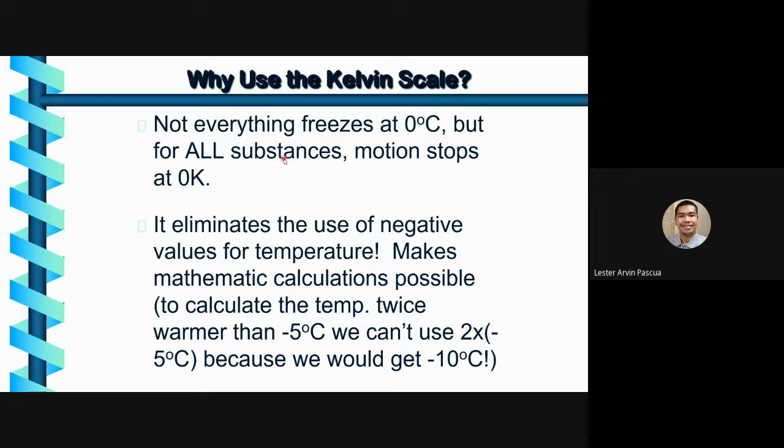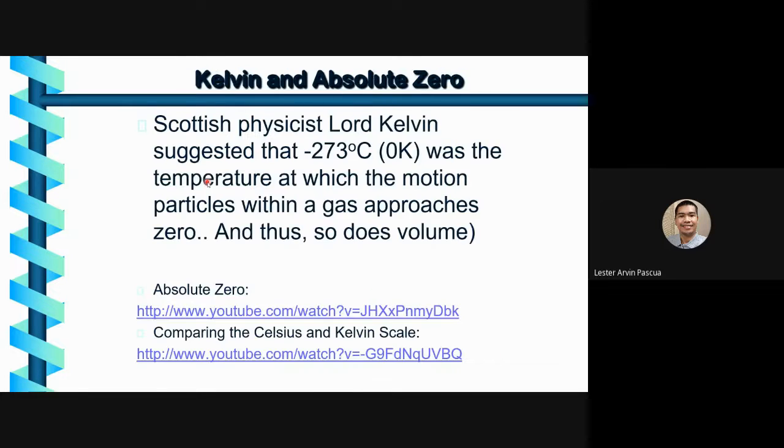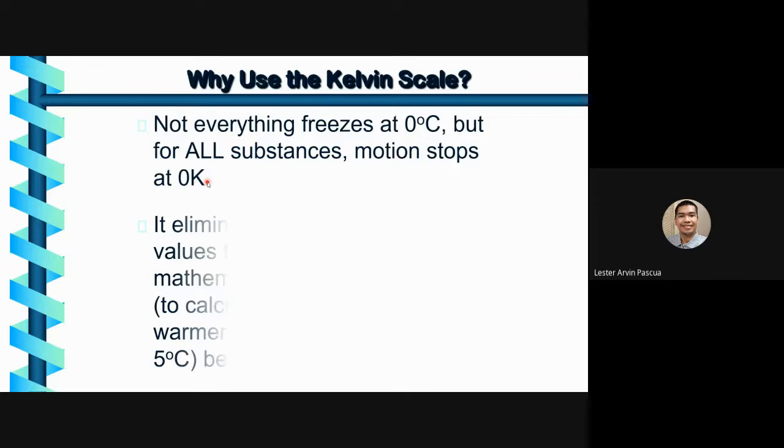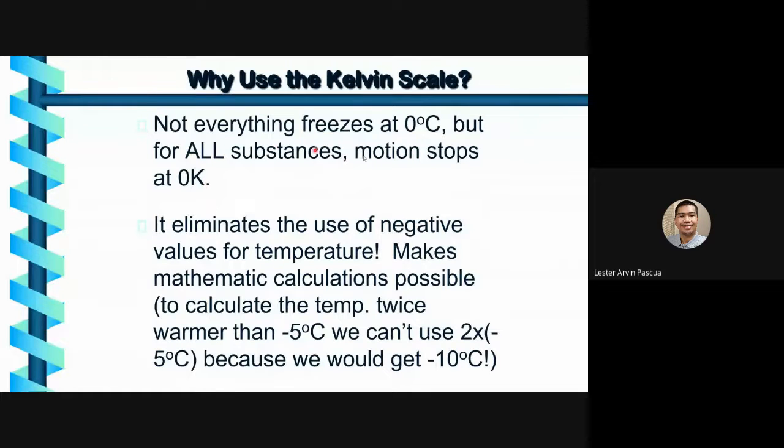Pero for all substances, for everything else in the entire universe, motion will stop at absolute zero. Tama ba ito? At zero, hindi zero Kelvin. Ay, tama. Zero Kelvin, all motion will stop. Okay?